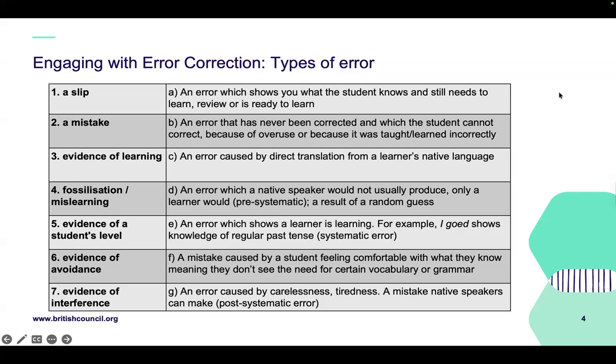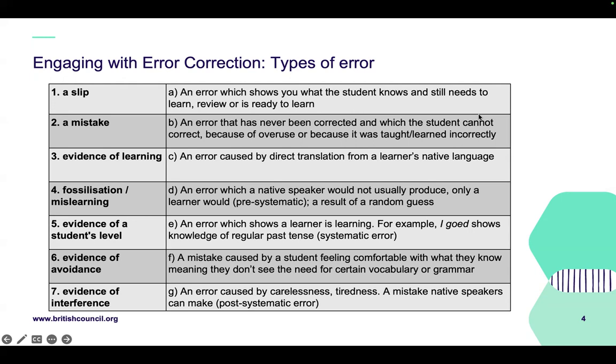Haya has put 5A. Do you think it's 5A? She is correct. Yes, it's 5A. Evidence of a student's level. So sometimes you hear something that a student says and you know, oh, that's very typical because this person is in pre-intermediate level, for example.